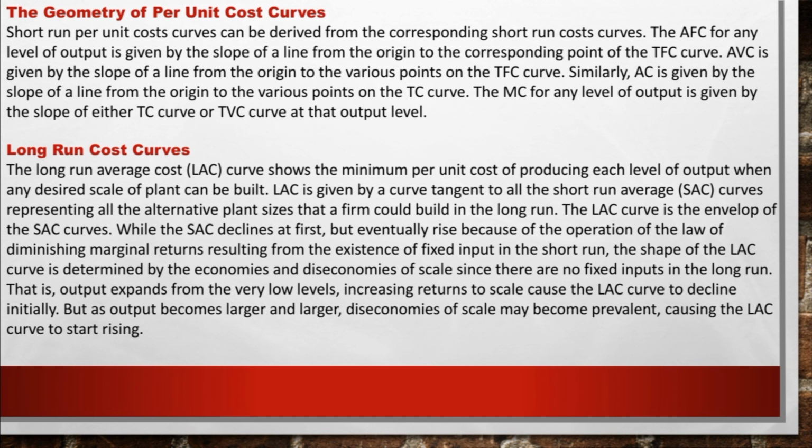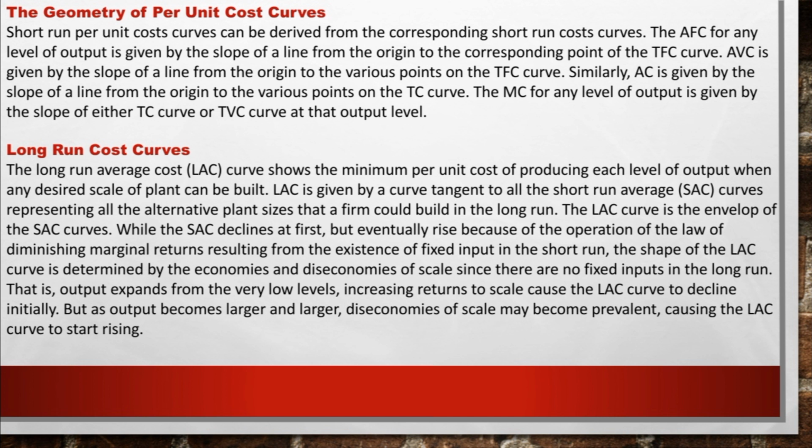The LAC curve is the envelope of the SAC curves. While the SAC declines at first but eventually rises because of the operation of the law of diminishing marginal returns resulting from the existence of fixed inputs in the short run, the shape of the LAC curve is determined by economies and diseconomies of scale, since there are no fixed inputs in the long run.